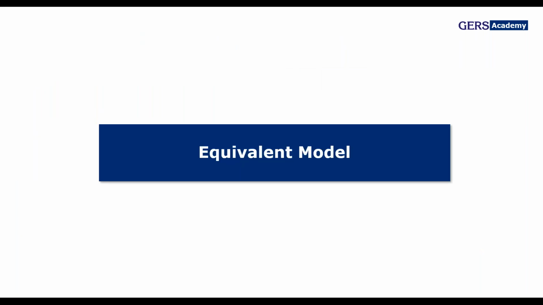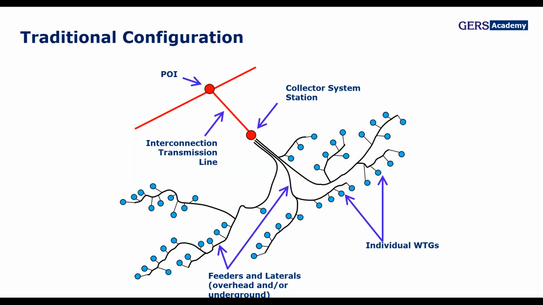So it is very important to talk about equivalent models. The common configuration or typical layout for wind turbines and photovoltaic plants is shown in the picture here, where you can see different individual units tied to a medium voltage collector system.